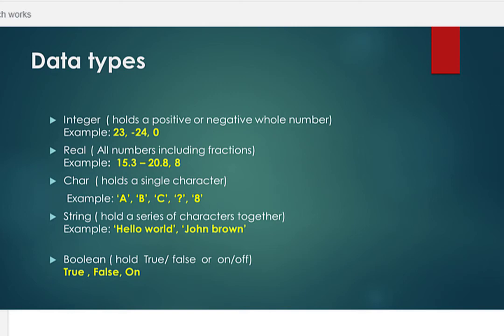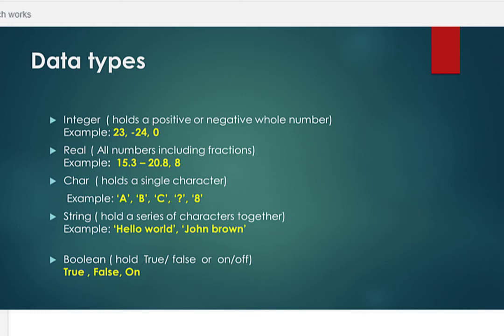Same as Pascal, which is the programming language you're going to be using, a variable should be of a certain data type. So after you declare your variable and you assign your value to your variable, even before that, you should assign a data type, and we're going to look at that when we actually do the program implementation.